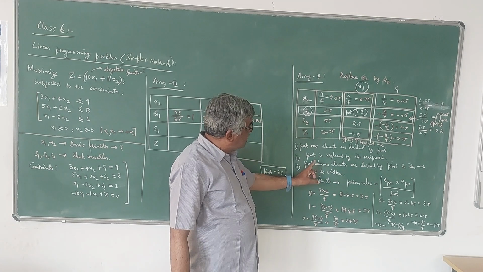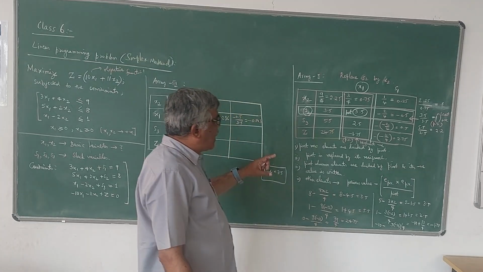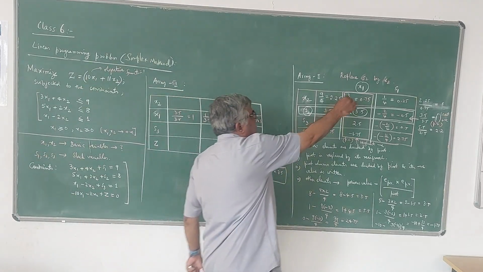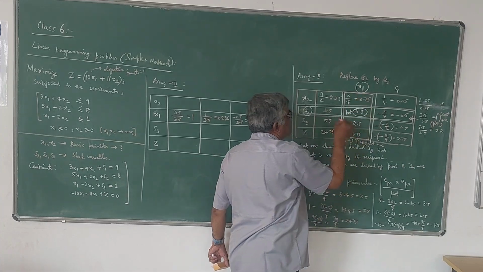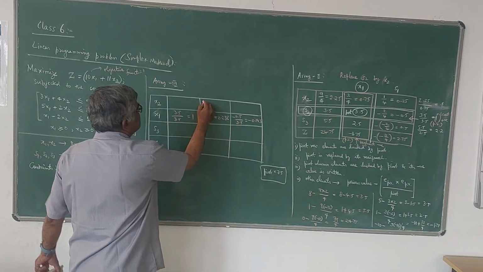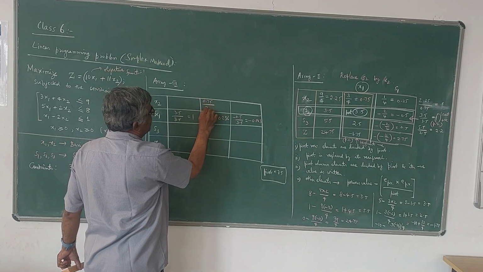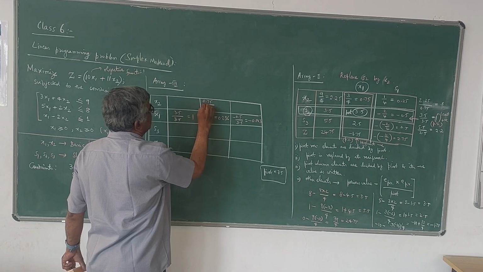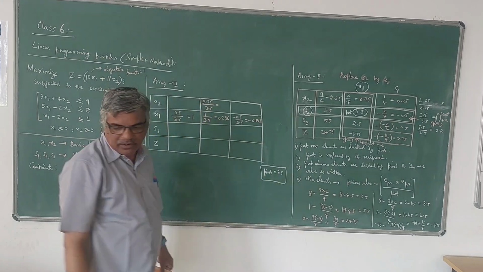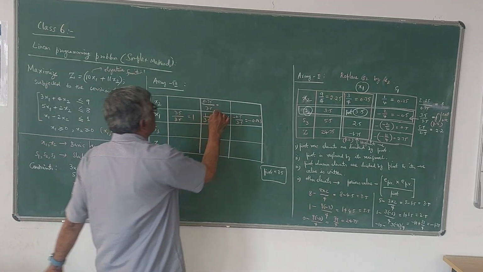And third, the pivot column elements should be divided by the pivot, that is 3.5, and the negative value is written. So this is the pivot column. Now let us divide all of them. That is 0.75 divided by 3.5, but with a negative sign. Minus 0.75 divided by 3.5. The value is minus 0.21, correct?